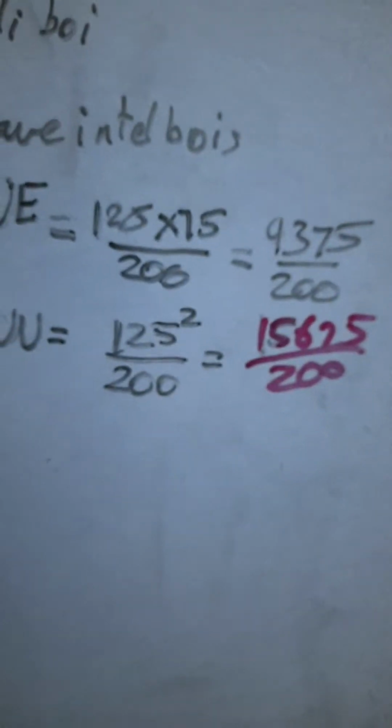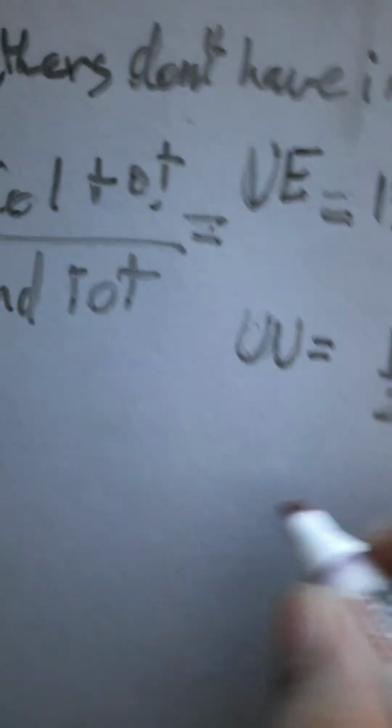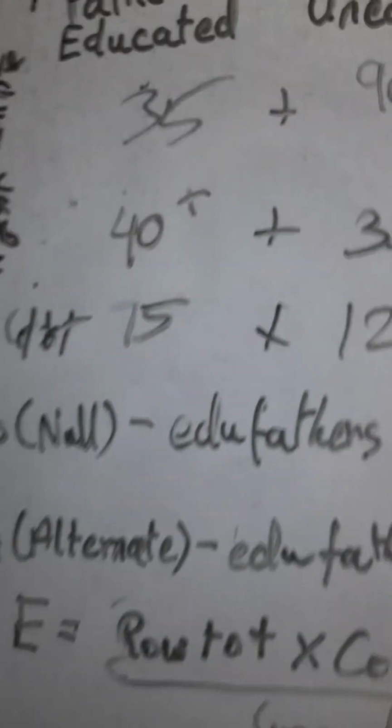So yeah, now only the intelligent area is left. For intelligent one I would take I. Let's go with intelligent son, educated father. Then that is this one, this element.